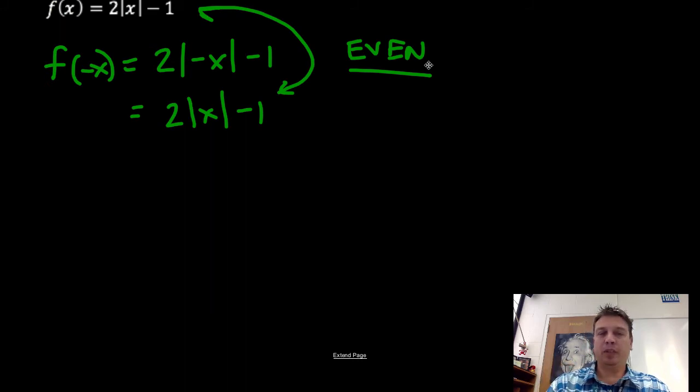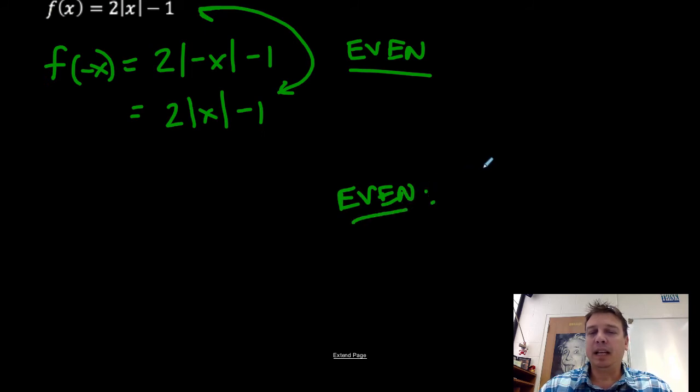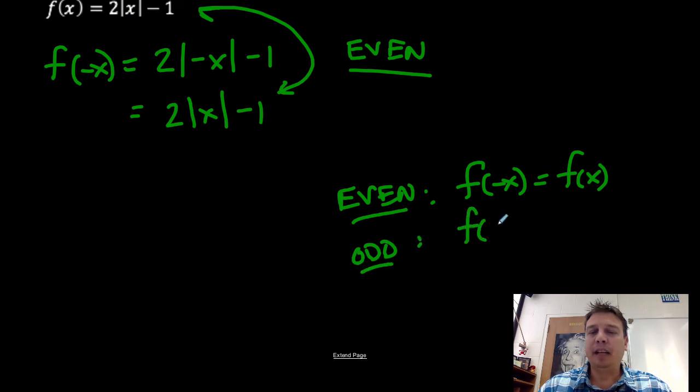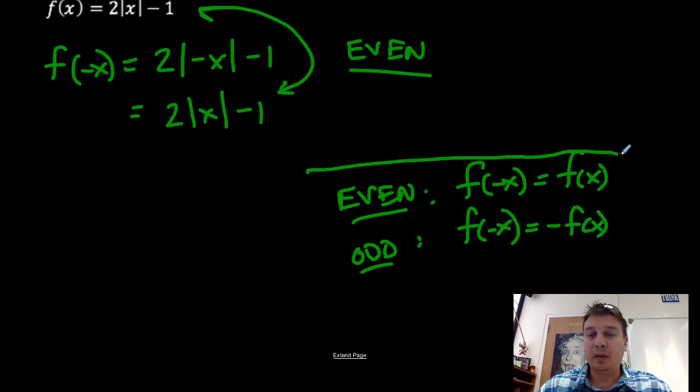When you do the equations, remember that for an even function, if I take f of negative x, I get the exact same thing. For an odd function, if I take f of negative x, I'm going to get the entire opposite of what I started with. Those are the rules when dealing with it as equations.